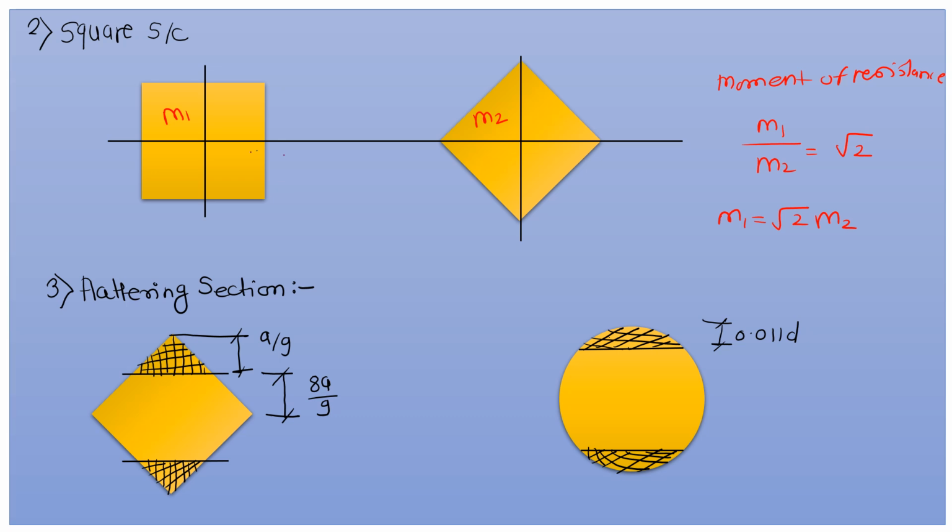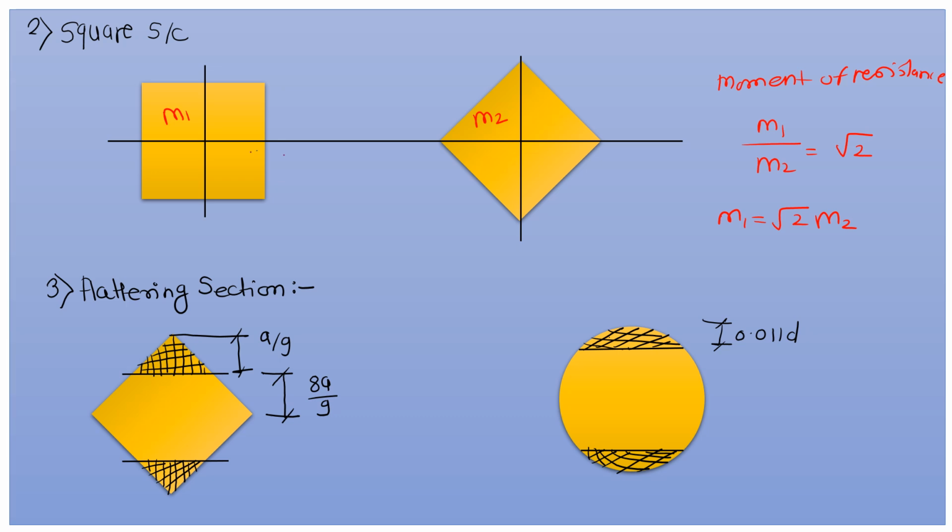Then the next point is flattening section. In that flattening section, we cut the uppermost part of any figure. Here first figure is with diamond shape and second is for the circular figure. So in case of diamond shape, we cut this a by 9, means total is 2a, side is a.